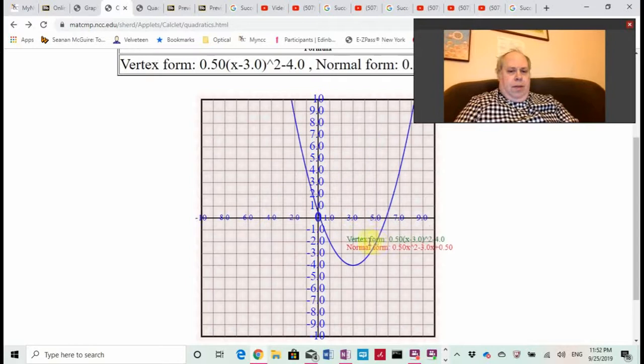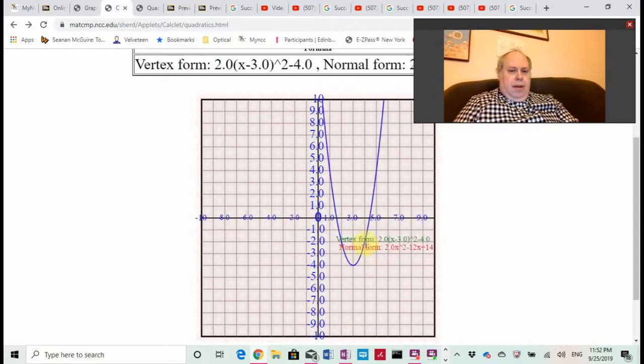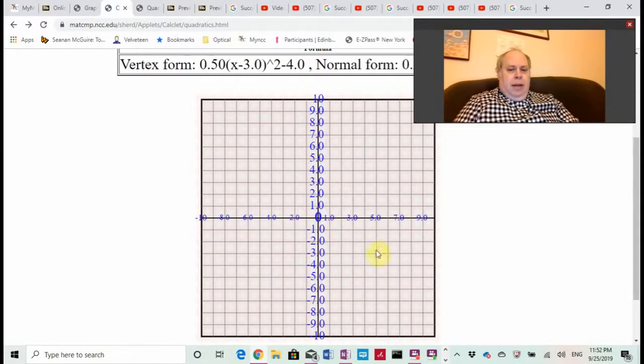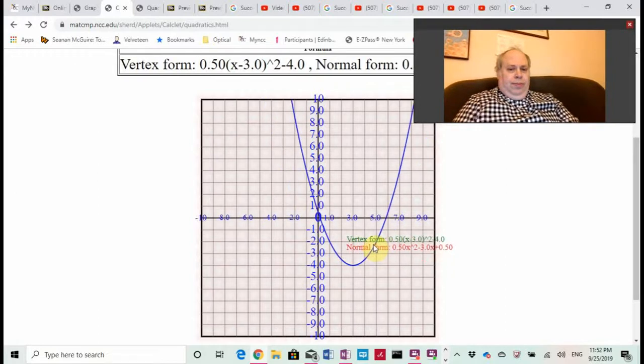Now we can have a very shallow quadratic. Here's the 2x squared, by the way, over 1 up 2, over 2 up 8. And this is the 1/4 x squared quadratic. So it goes over 1 up 1/4, over 2 up 1. This is the half x squared quadratic.